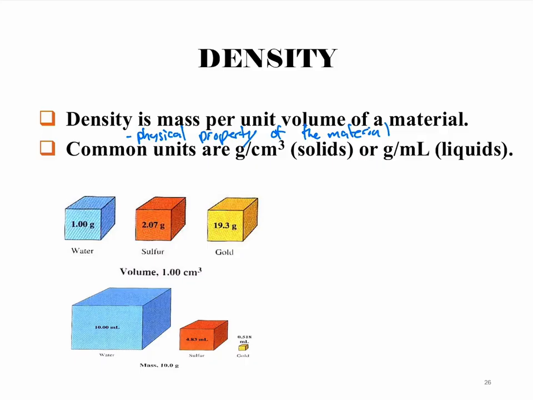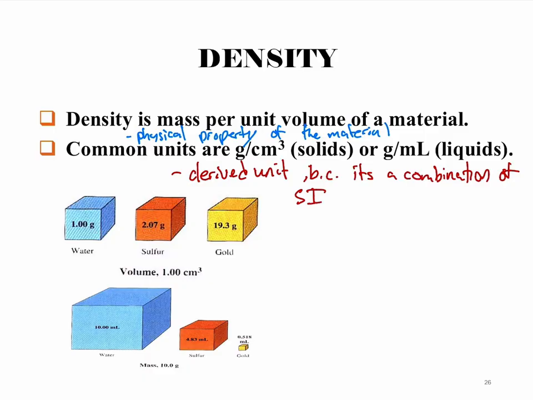The units are usually grams per centimeter cubed, or grams per milliliter, as you see in most texts, but it can be any mass per unit volume. The density can be expressed in those units. And so this is going to be a derived unit, because it's a combination of SI units. We talked about that before.